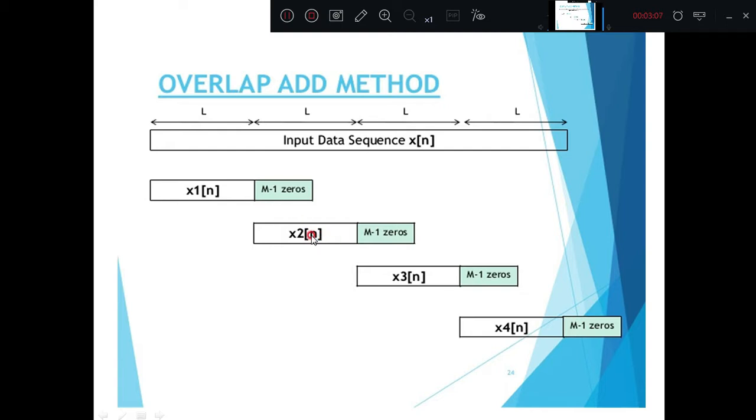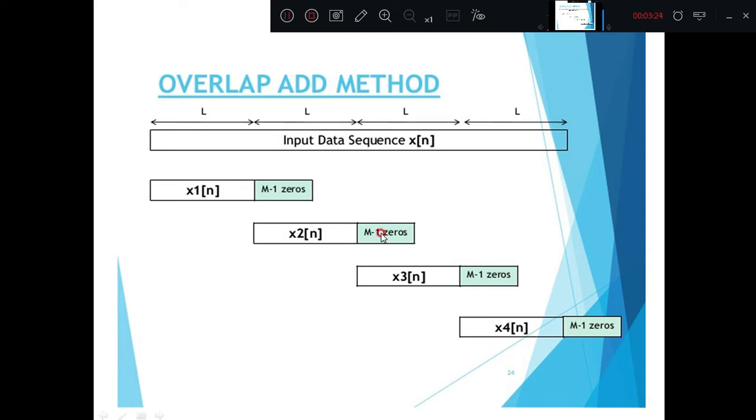To make the size of DFT N, again you have to add M minus 1 zeros at the end. Again for x3 of n, M minus 1 zeros. So for all the blocks you have to add M minus 1 zeros.